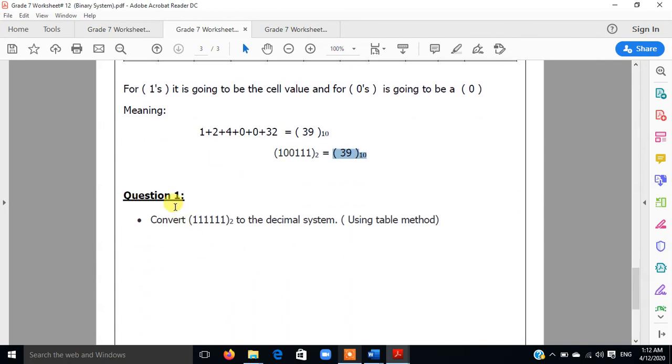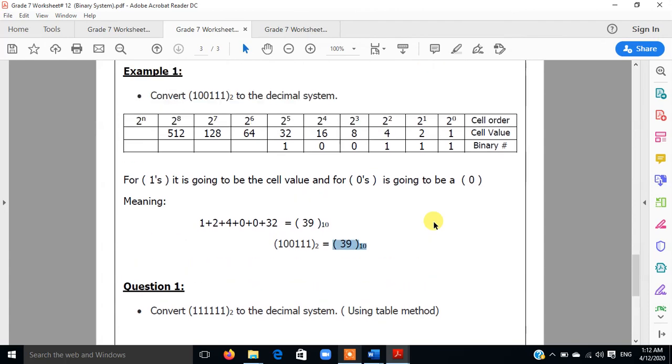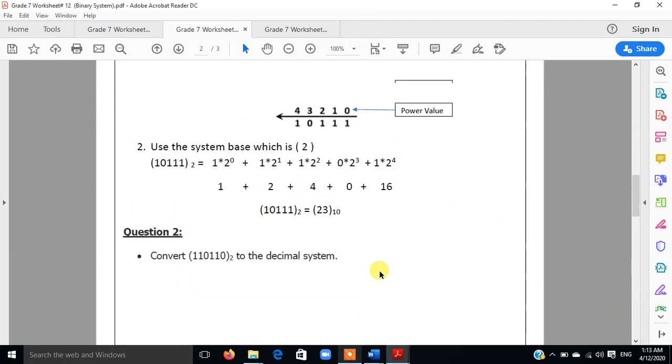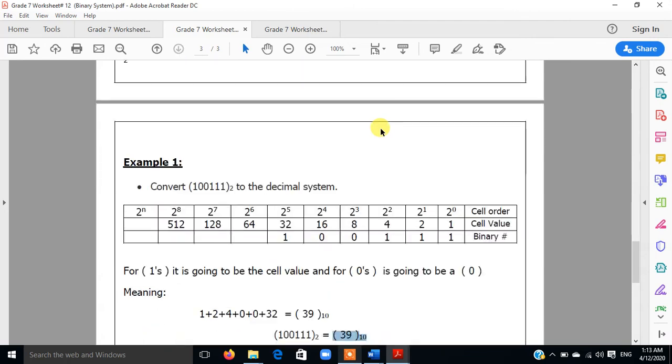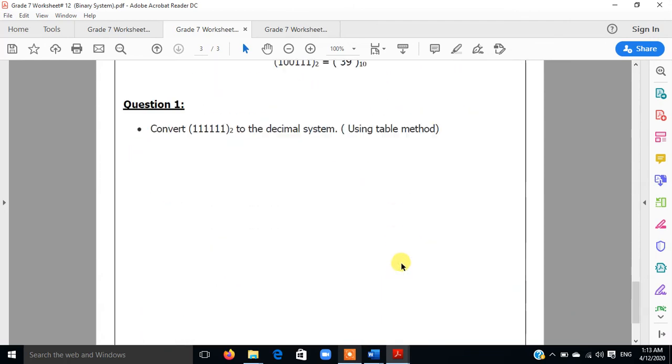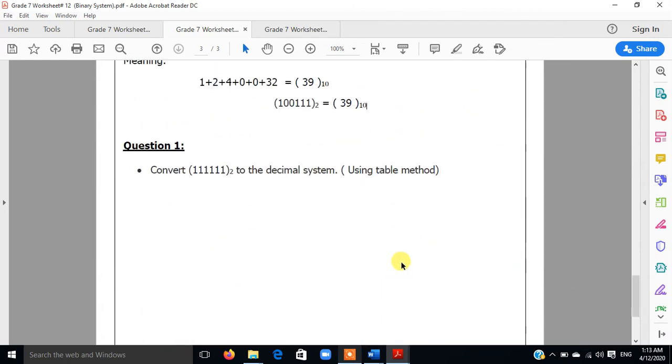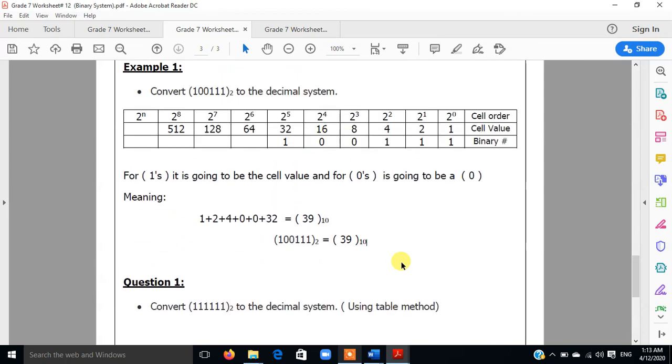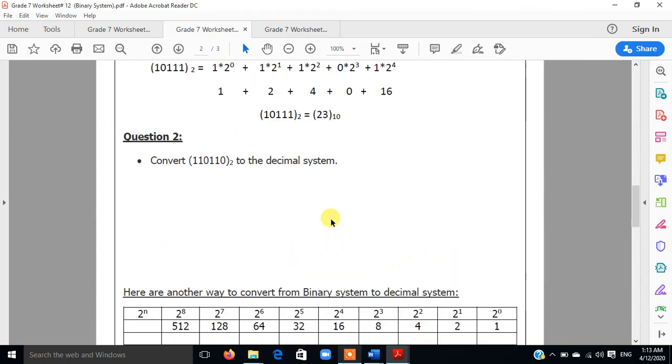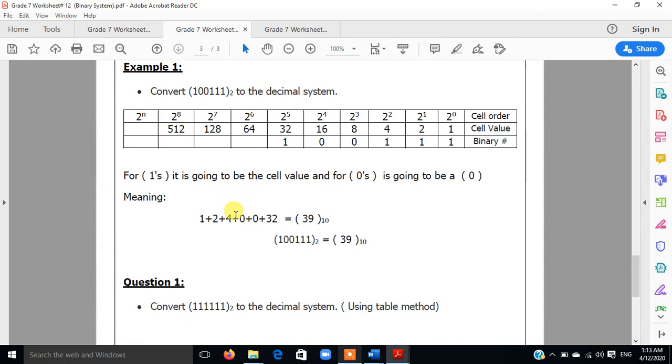There is another question here. Convert this number from the decimal system using the table method. Here I am asking you to use the table method. For question number 2, I'm asking you to use the arrow method or the line method, and here I am asking you to use the table method. This will be your first homework, to answer question number 2 and question number 1 here.